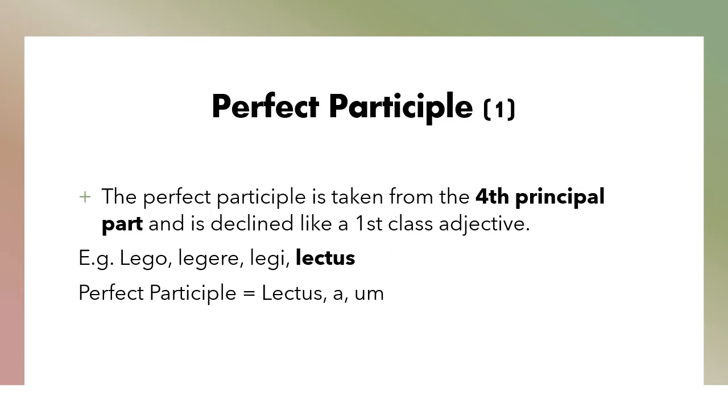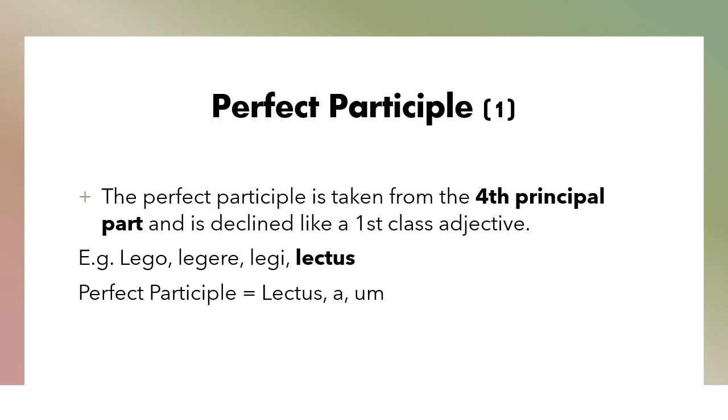The perfect participle is taken from the fourth principal part, and this is declined like a first-class adjective. So it has one ending for the masculine, one ending for the feminine, and one ending for the neuter. Let's take the third conjugation verb, legere. We have the principal parts, lego, legere, legi, lectus.